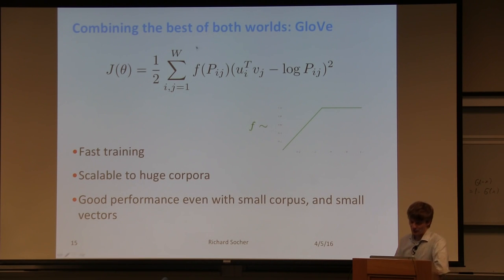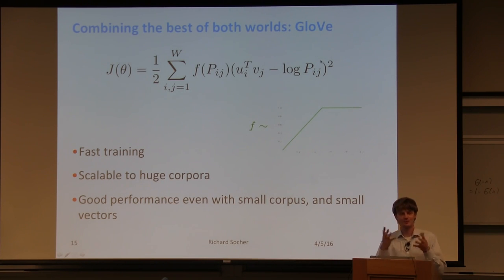So here, we also want to minimize this squared loss, where log P is the log of the probability, or of the counts in many cases, of how often words i and j co-occur, and we want to make their inner product predict how often they would co-occur.